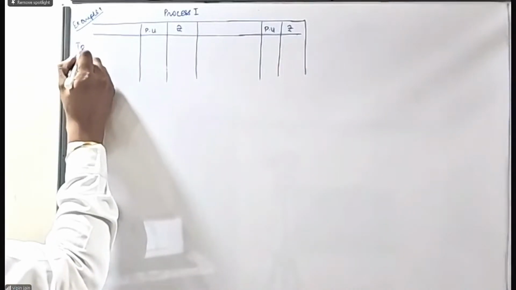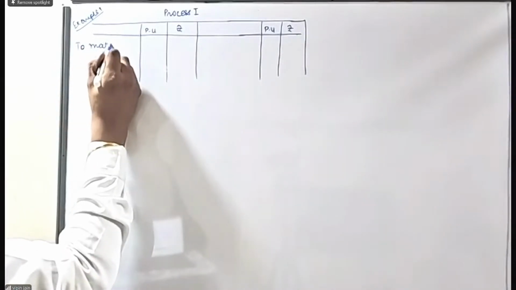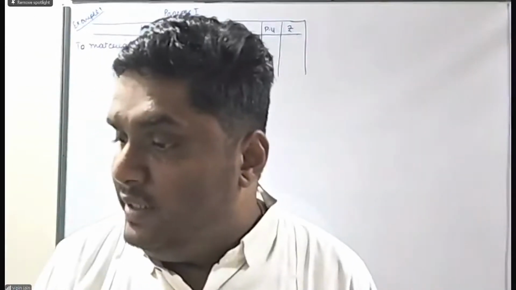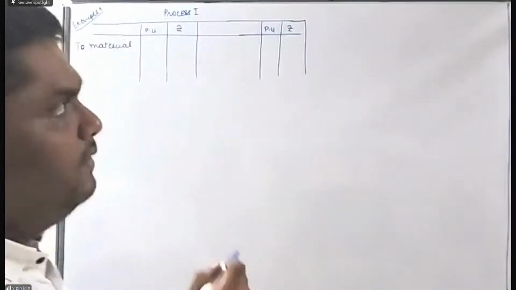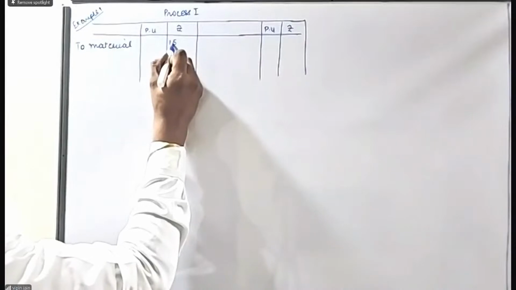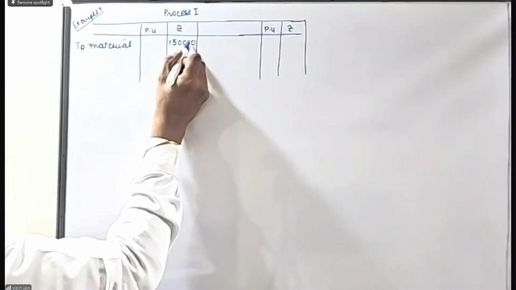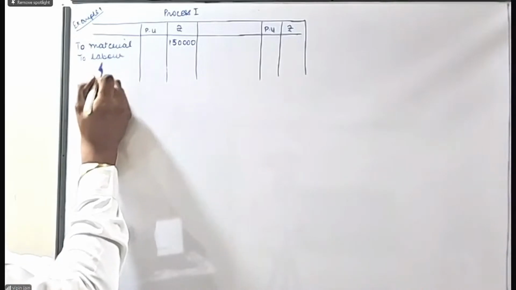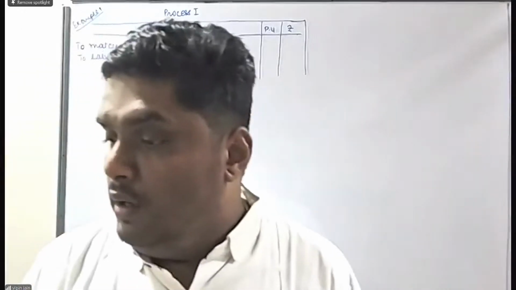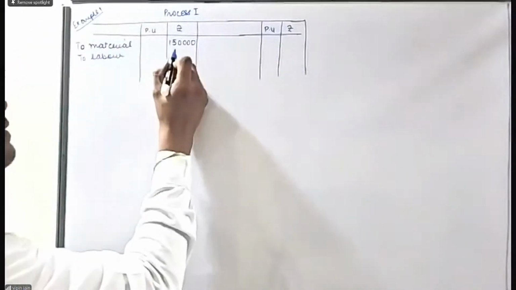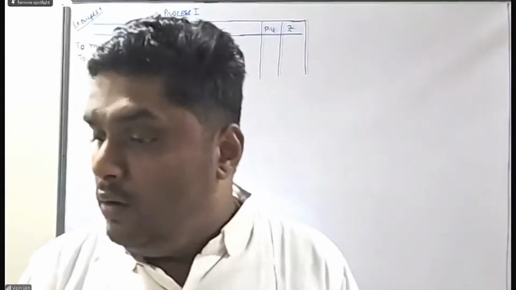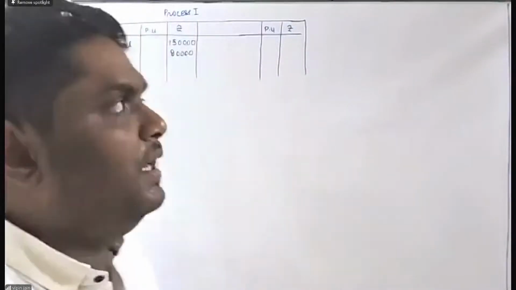So let's start with the first part, that is material. The material cost is 1,50,000. Labor cost is 80,000. And my other expenses are 26,000.